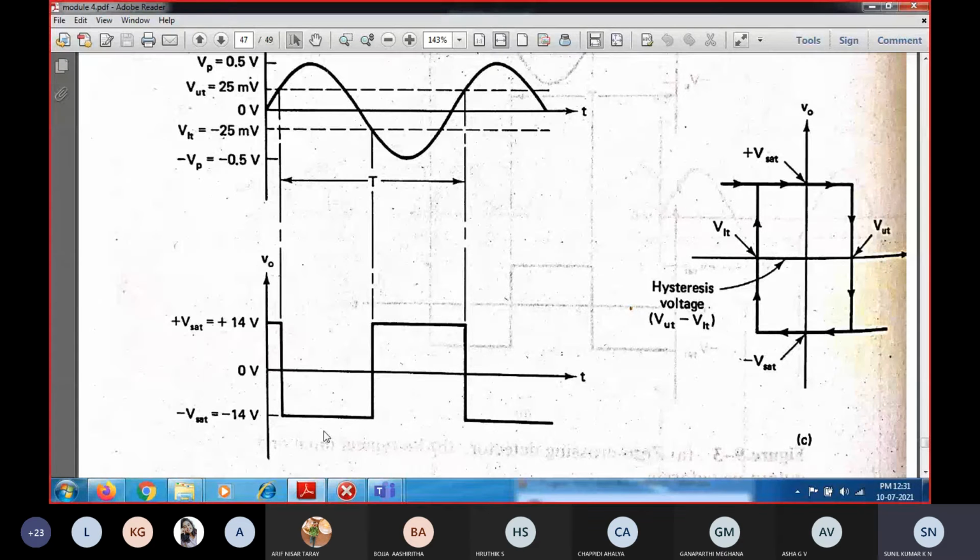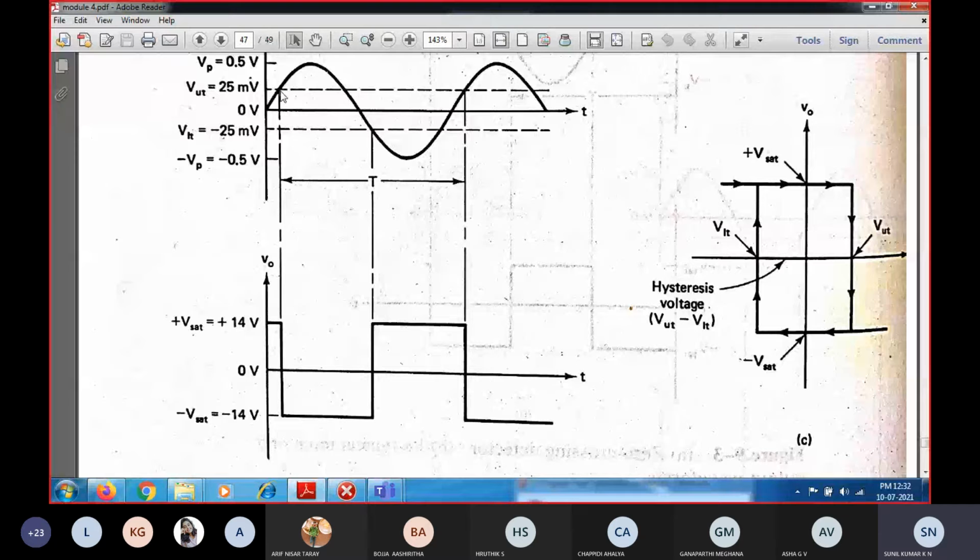Whenever the input exceeds the upper trigger point, it will cause the output to switch into the saturation voltage, from positive to negative. And whenever the input signal goes below the lower trigger point, it will switch the output from negative to positive saturation. So this is how it works for the Schmitt trigger application.